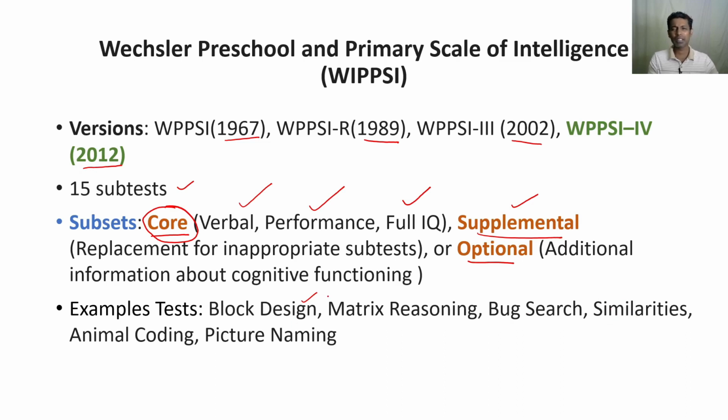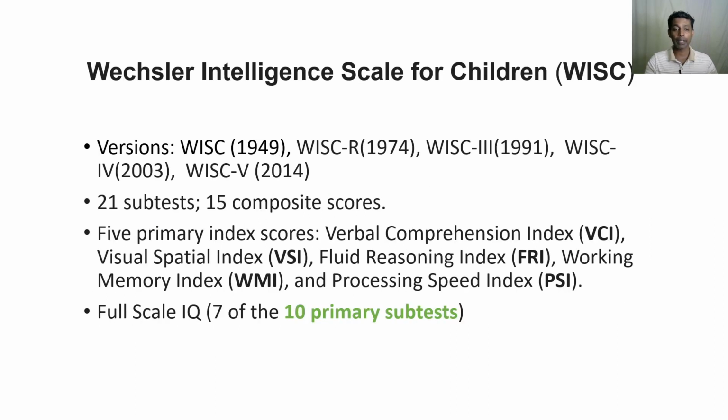In animal coding, based on the animal features, there will be similar images, and they need to identify which shape is appropriate for a particular animal. Based on these 15 tests, total intelligence was calculated: verbal, performance, and full IQ.